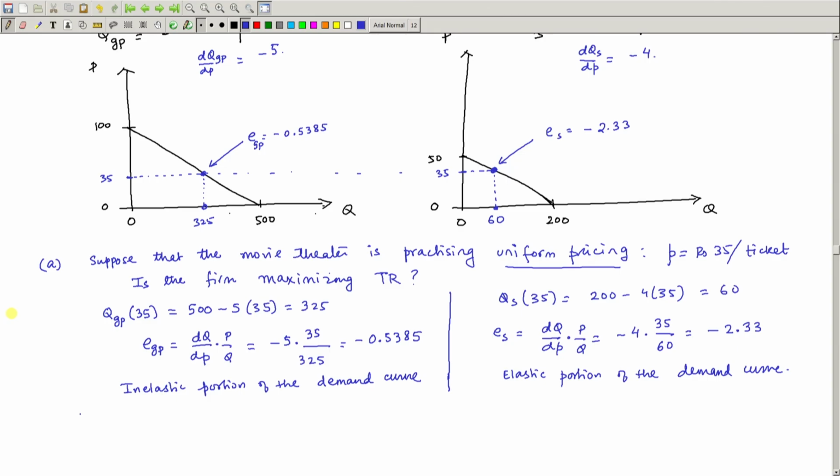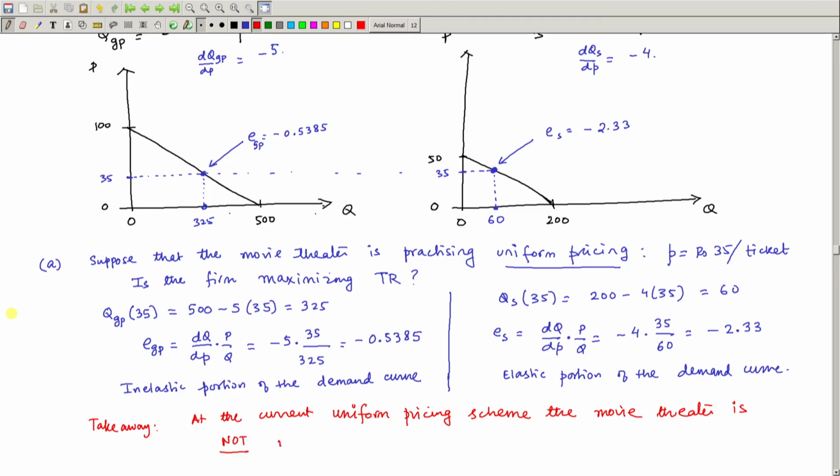So, currently, the takeaway is that at the current uniform pricing scheme, the movie theatre is not maximizing its total revenue. And the reason being that the absolute value of E is not equal to 1 for both the groups.